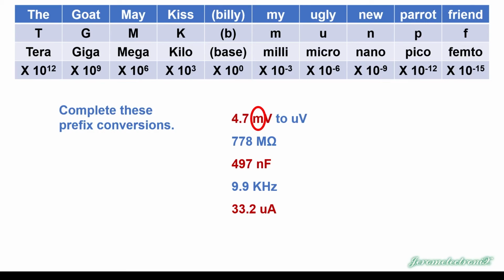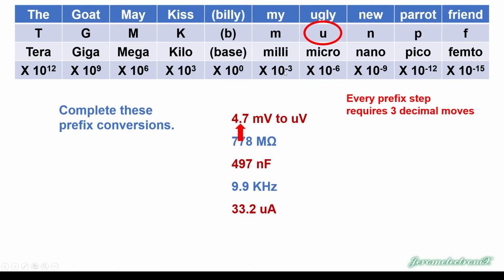First of all, you take what it is. You circle that. And from there, you go to what you want. Now, to get there, you've got to move. Every time you move a prefix step, there are 3 decimal moves. So we're going from times 10 to the negative third to times 10 to the negative 6, right?